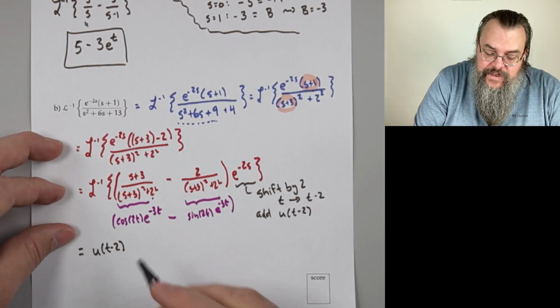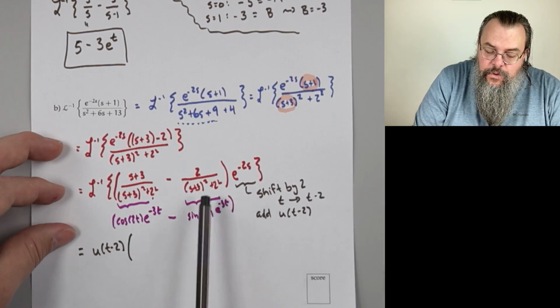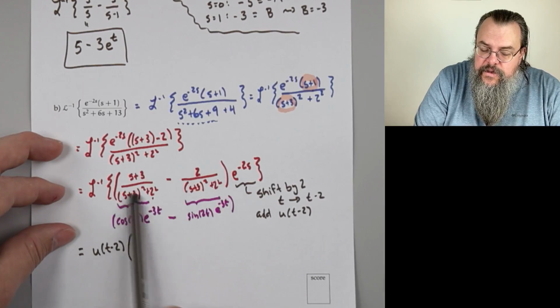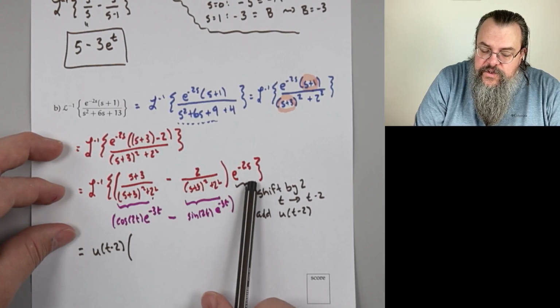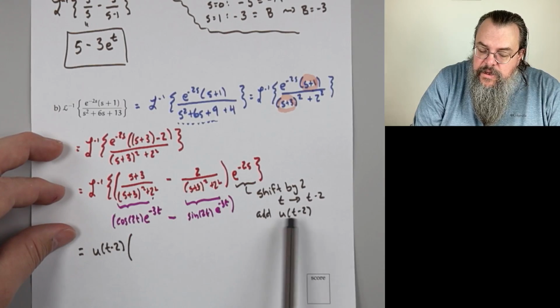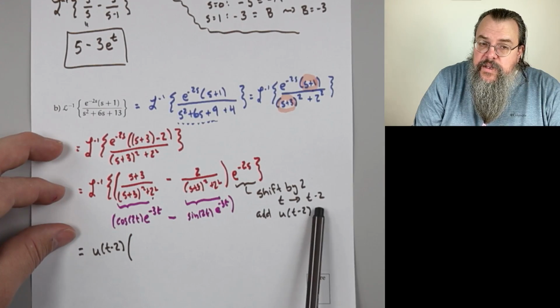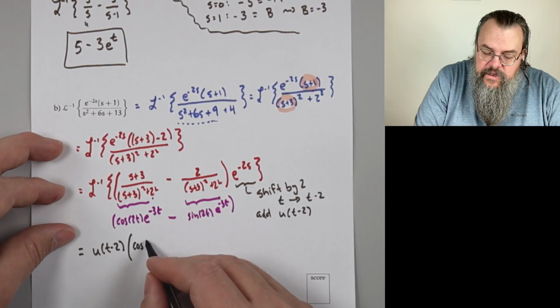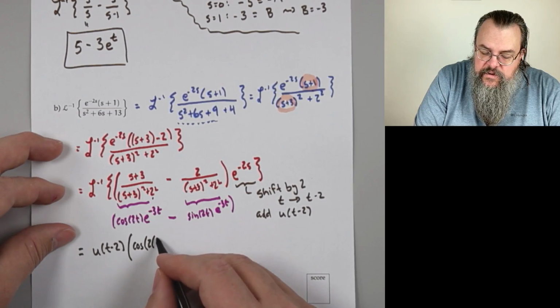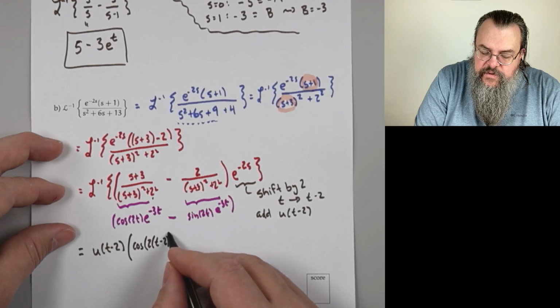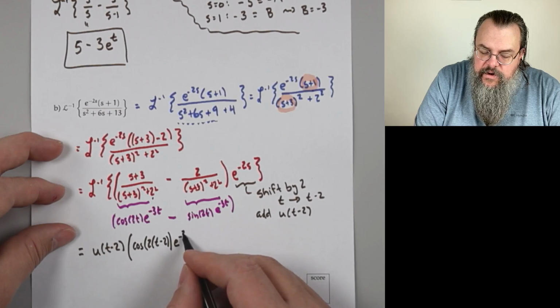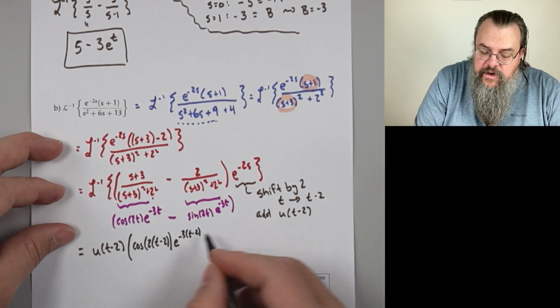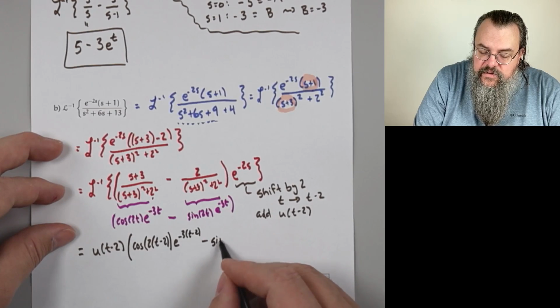As soon as we saw that exponential there, we knew our answer had to have a u of t minus 2. And now we say, okay, we know what our inverse Laplace is without the shift, so it's just the same thing, except everywhere where I see a t, I put a t minus 2. And of course, I'm always paranoid of losing information, so I'm very careful to include parentheses. Parentheses are your friend. They are point-saving devices.